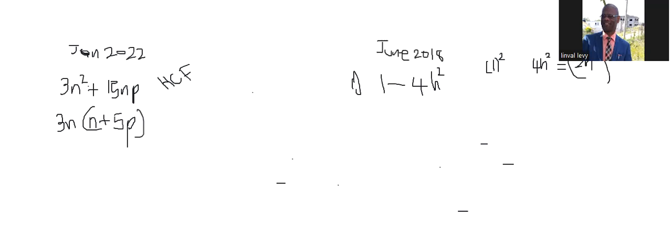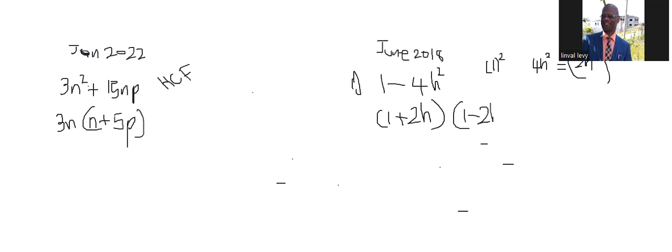So now I would have open bracket 1 minus 2h. That's 2 times 2 is 4, and h times h is h squared, right? Open bracket 1 minus, let's do plus first, minus 2h.